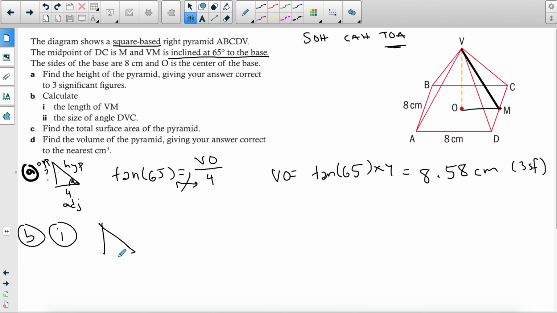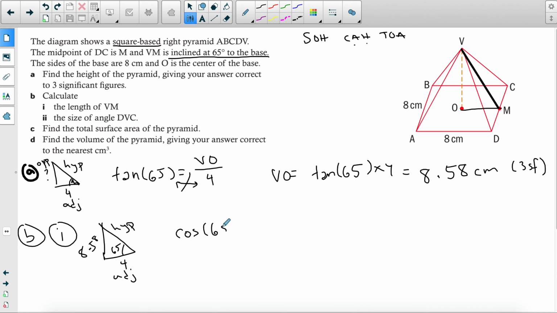So we have this triangle again, so that's 65. The base is 4, we have the height as 8.58, and we're missing the hypotenuse. So we can use one of the trig ratios. This is the adjacent again, so we want to use cos because we have the adjacent and we're missing the hypotenuse.